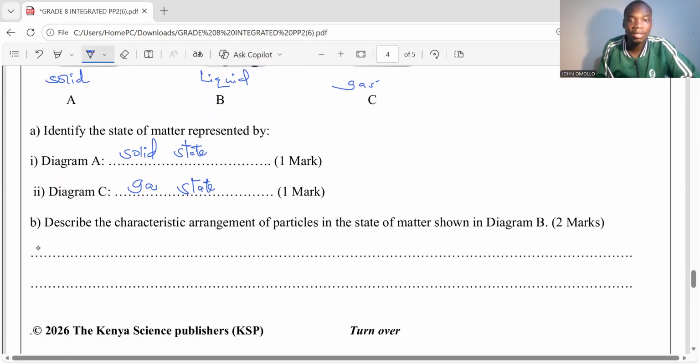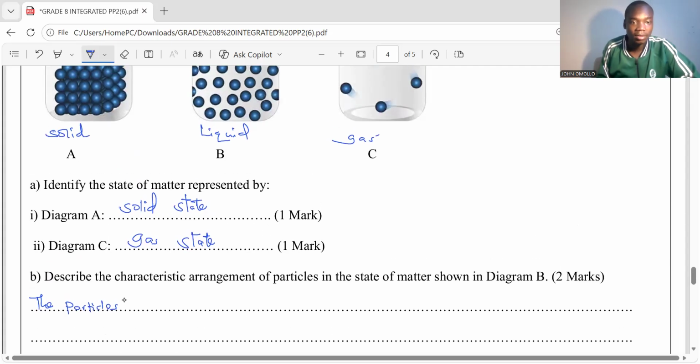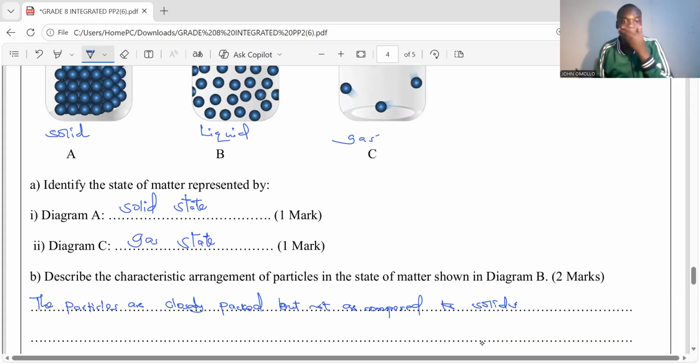In liquid state, we say that the particles are also closely packed, but not as compared to solids. Particles are closely packed, but not as compared to solids.